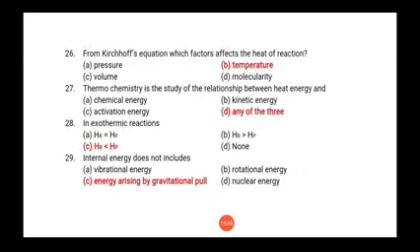So we do concern about these quantities in thermochemistry. So thermochemistry is the study of the relationship between the heat energy and any of the three. So the correct option of this question is option number D, that is any of the three.